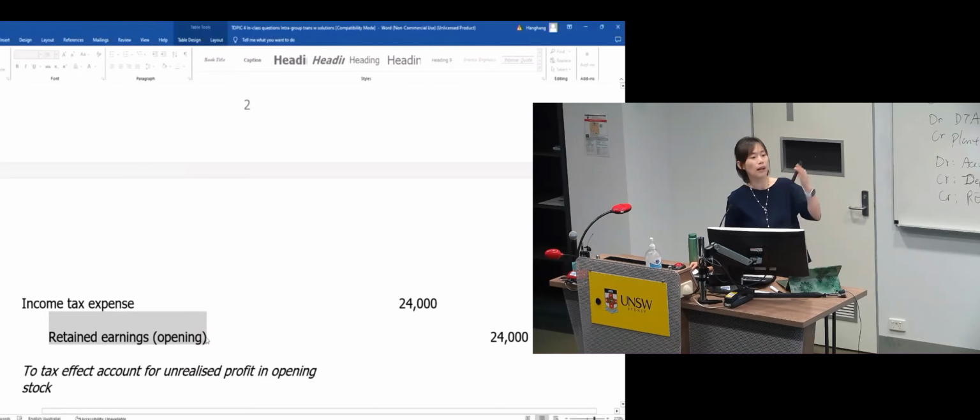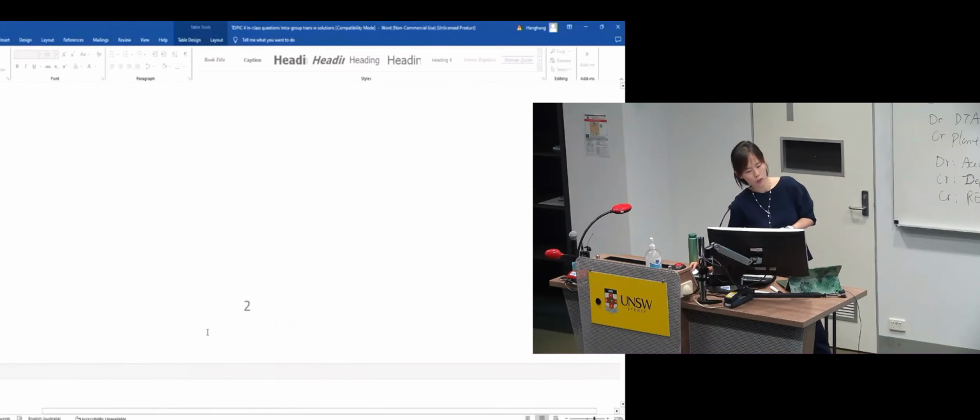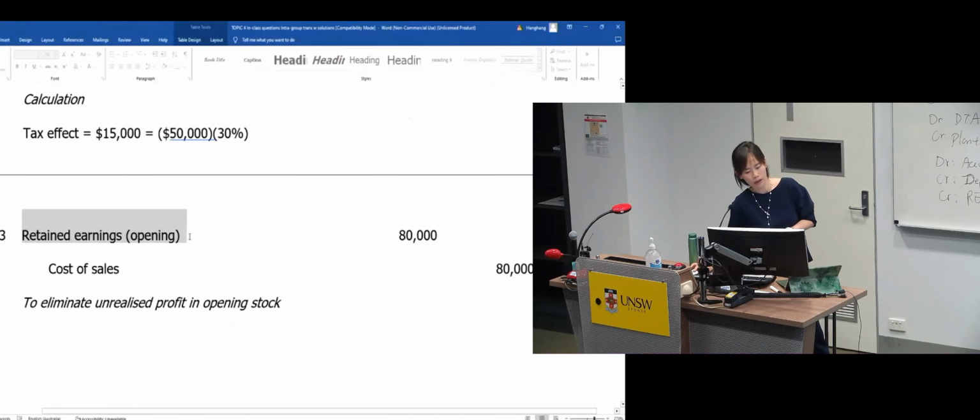What about the credit retained earnings? This is related to the prior year ITE adjustment, so you can combine it with the debit retained earnings 80,000 to get the after tax unrealized profit. We eliminate that in the opening retained earnings, which is 56,000, so 80,000 times 70%. Combining together, you have a debit retained earnings 56,000, debit ITE 24,000, and a credit cost of sale 80,000.